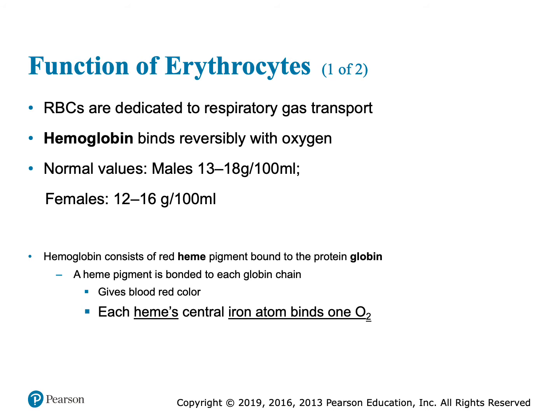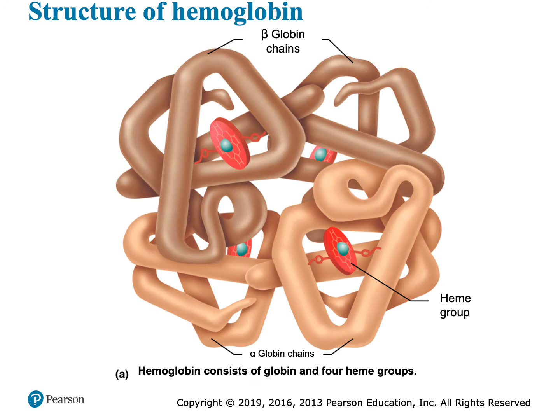The red color comes from heme, and the name hemoglobin actually comes from heme, the pigment, and globin, the protein part. Each heme has an iron in the middle, and that is what the oxygen is going to bind to. So, picture. All these little squiggly wigglies are protein strands.